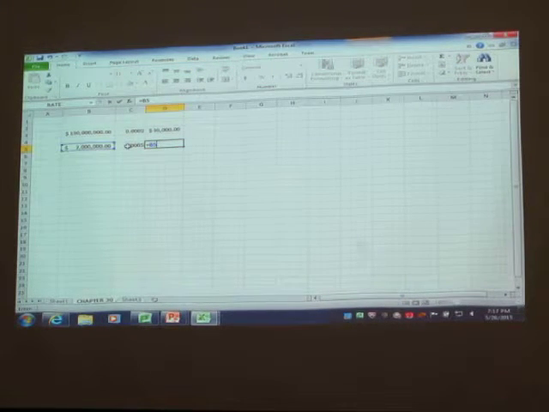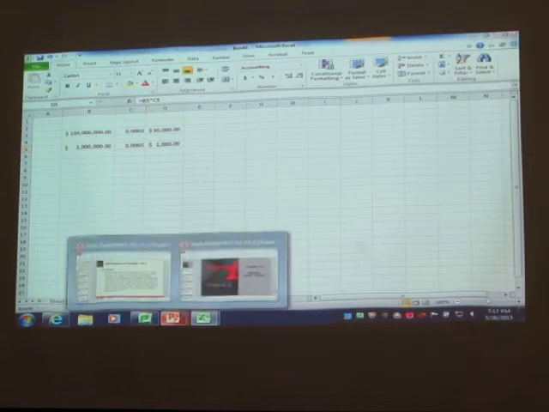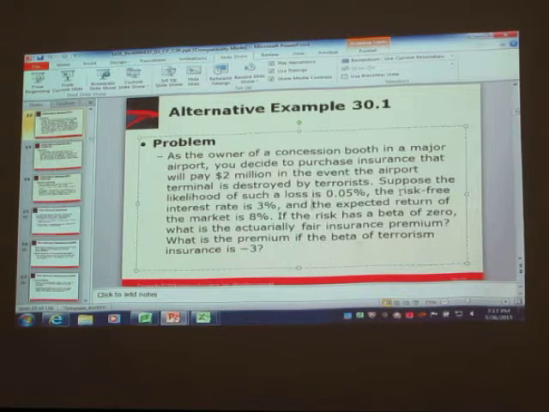What's that number going to give me when I multiply the 2 million times that? Now, what do I need to do to figure out my premium? I need to take that $1,000 and divide it by what? 1 plus the risk-free rate.